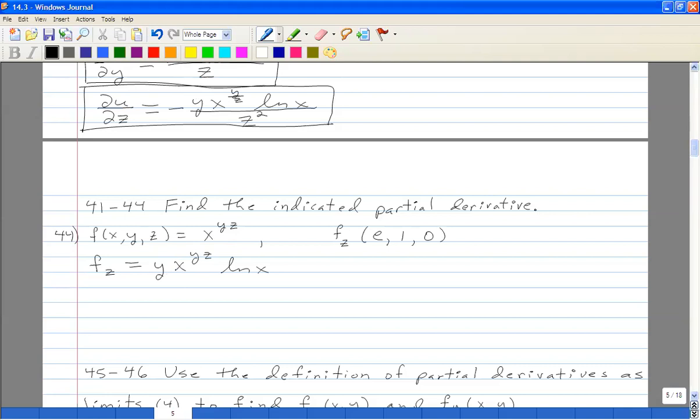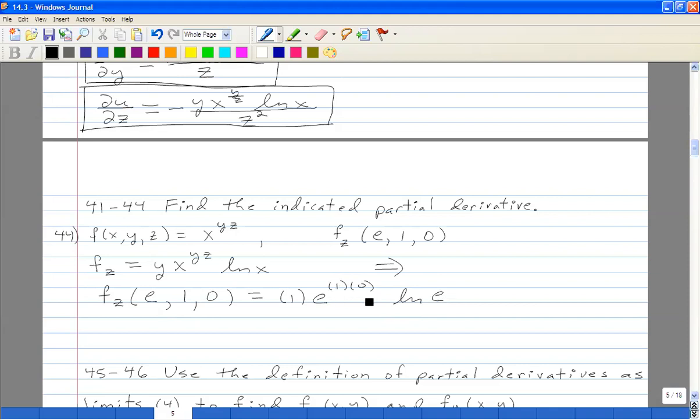And so let's evaluate this. Let's evaluate the partial of f with respect to z at e, 1 and 0. And so plug in 1 for y, 0 for z, and e for x.